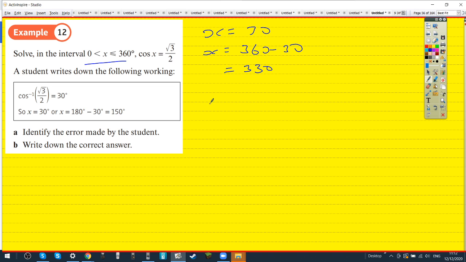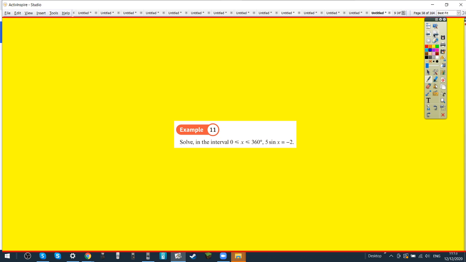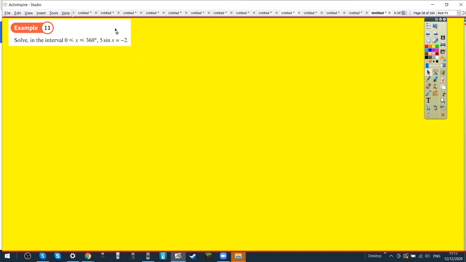He did 180, which is for sine, not cosine. And write down the correct answer. The principal solution is correct, but the second solution is wrong.